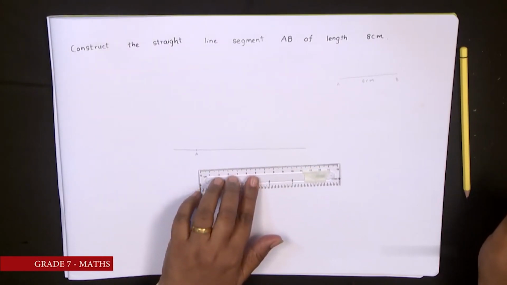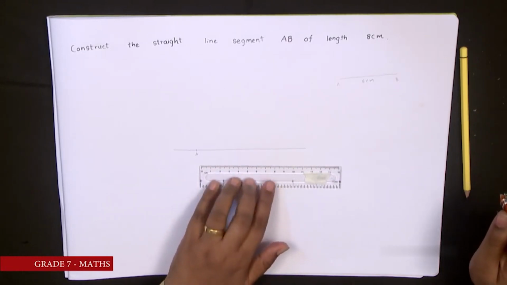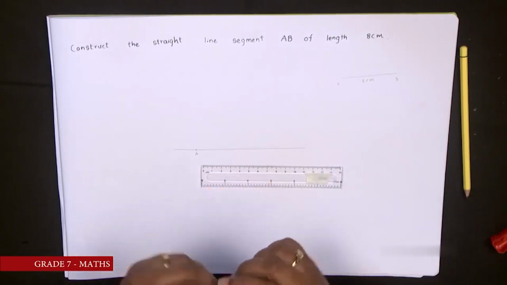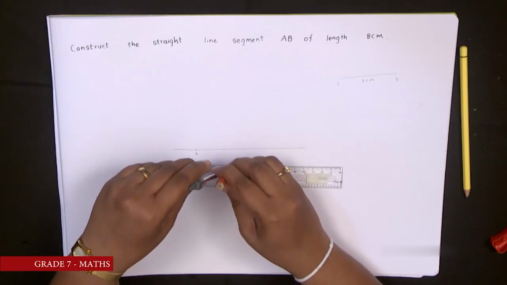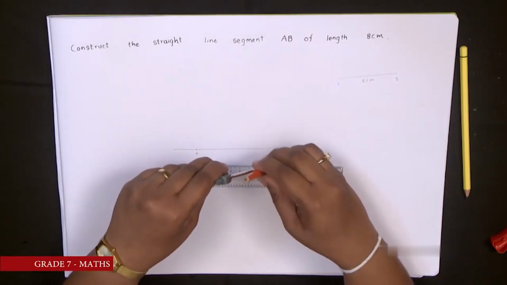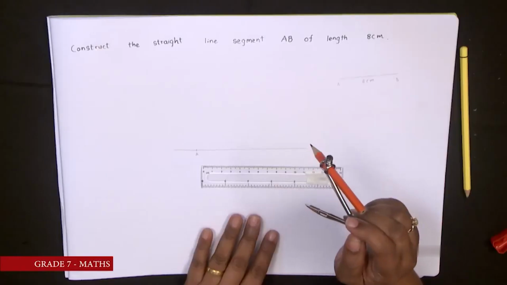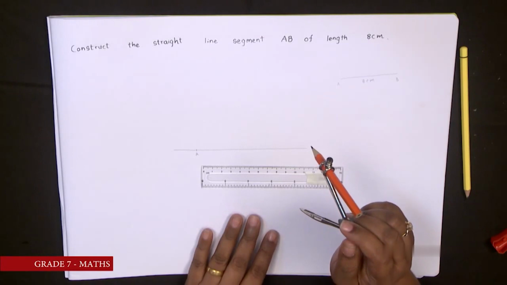Therefore, we need to get 8 centimeters to a pair of compasses. So here you have to use a ruler. Place the tip of the pair of compasses on 0 and tip of the pencil on 8 centimeters. Right. Now we have got 8 centimeters to a pair of compasses.